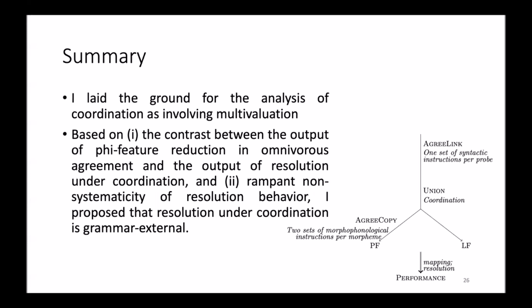As a second line of argumentation, I showed that there is rampant non-systematicity of resolution behavior. And to end with a diagram, I put all these different elements that I talked about back onto the diagram of a linguistic derivation. So I put it all together: what I said about coordination, what I said about agreement, as well as the resolution.